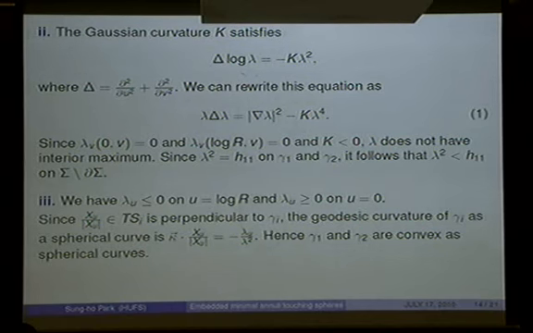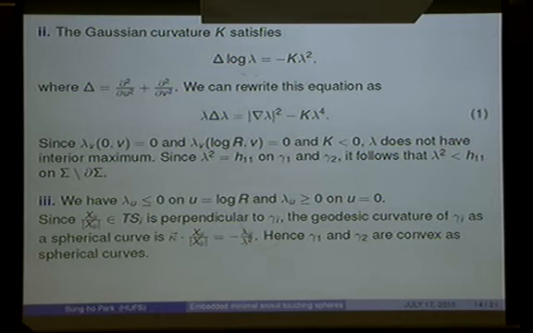The second result can be obtained by using this equation. I can rewrite the equation like this, and lambda square is constant on the boundary curves, so I have this, and the Gaussian curvature is negative because the surface is minimal. Therefore lambda does not have an interior maximum, and it means that lambda square should always be less than H11 at interior points.